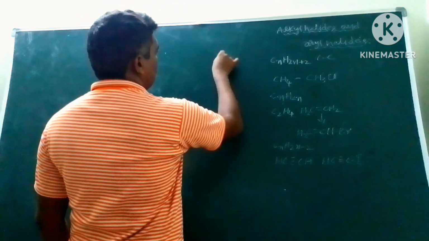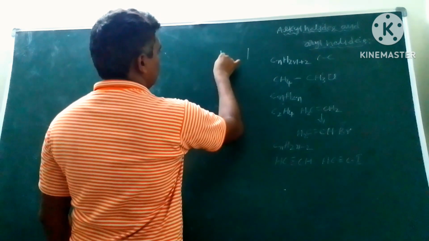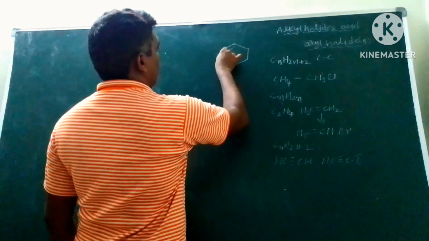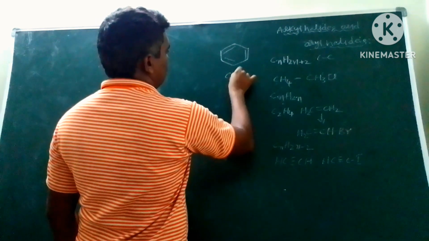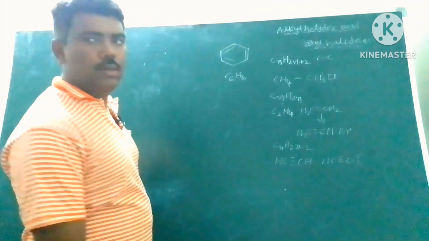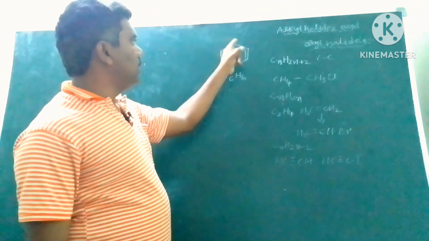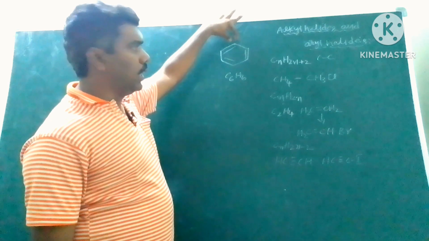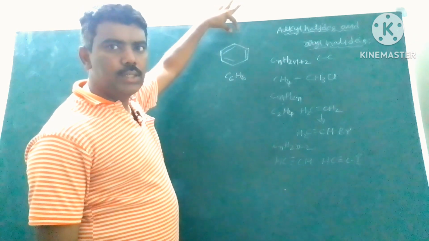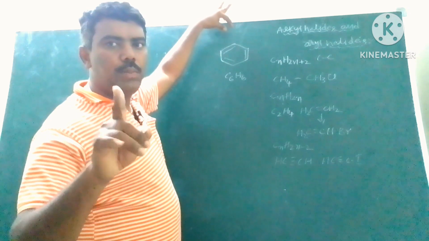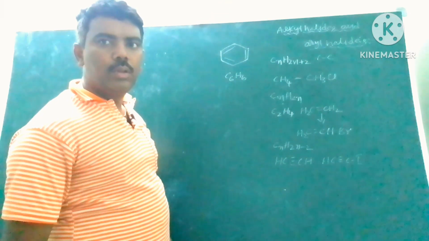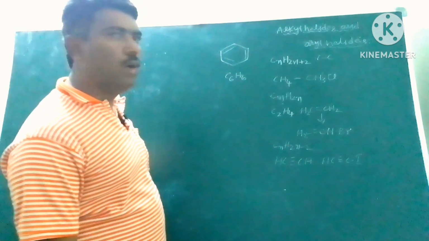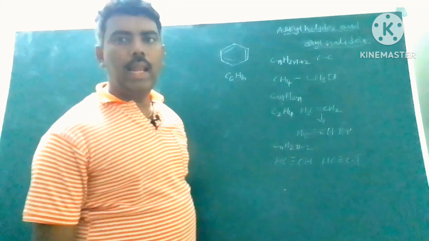Next, the aromatic hydrocarbon is benzene. The benzene formula is C6H6. Total 6 carbons and 6 hydrogens are present. Out of 6 hydrogens, 1 hydrogen is replaced with a halogen group. Then the respective compound is called haloarene or aryl halide.